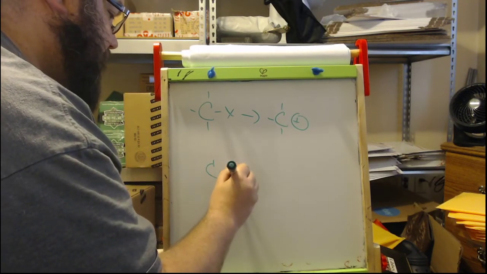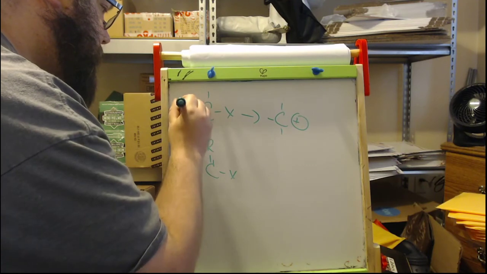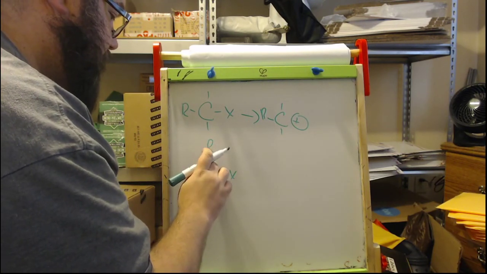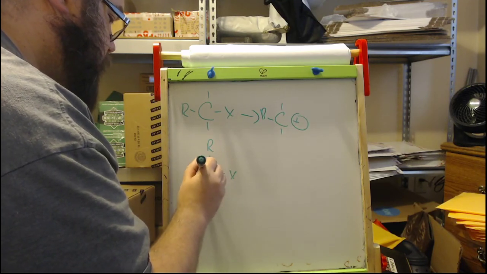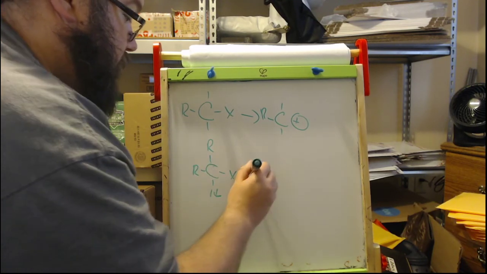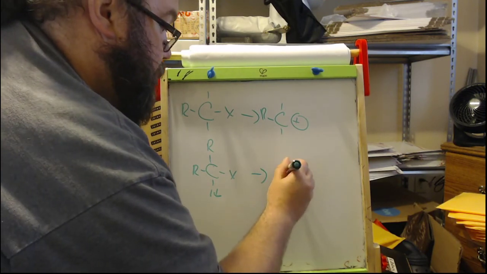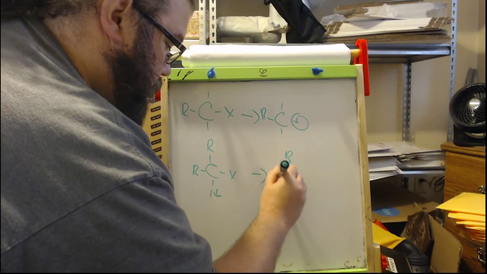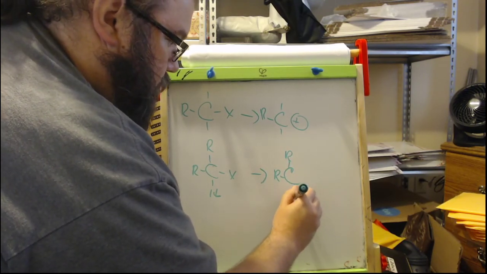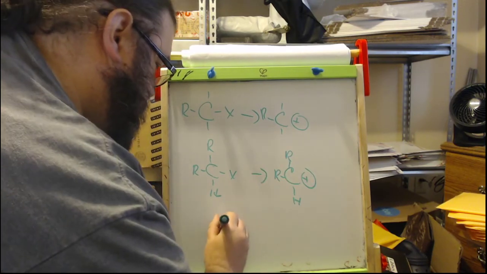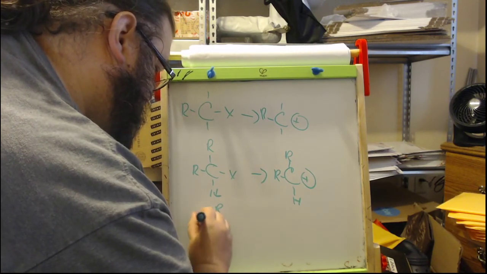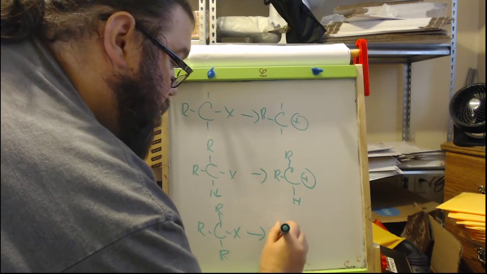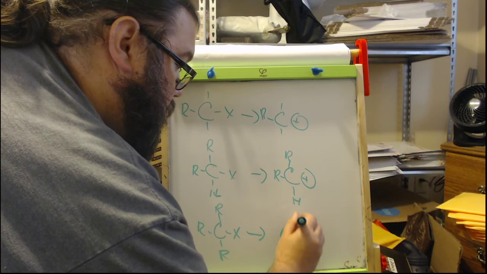I have a secondary alkyl halide, and I turn it into a carbocation. I have a tertiary alkyl halide, and I turn it into a carbocation.